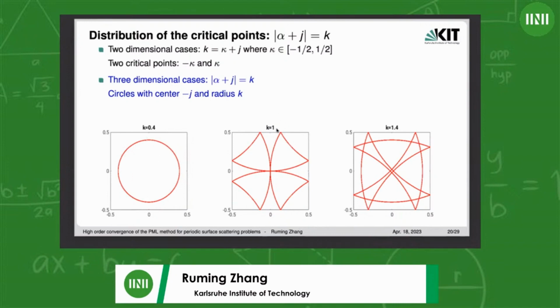But when k equals 1, in this square we have this picture, and k equal to 1.4 looks like that. So it is very complicated. You can imagine that when k gets larger, it becomes more and more complicated. So there is no way that we can avoid these points.